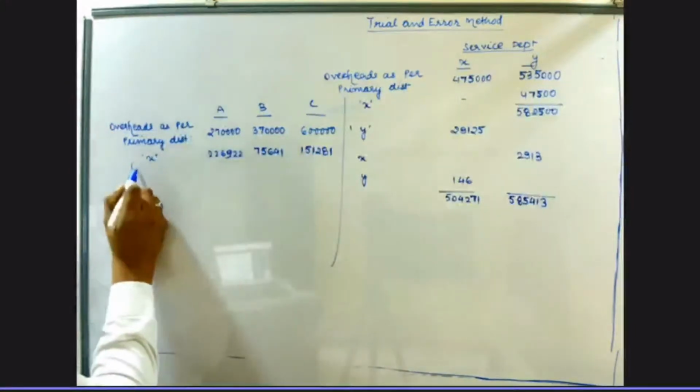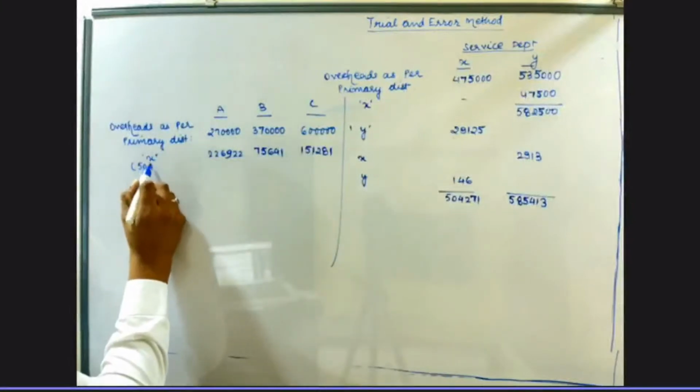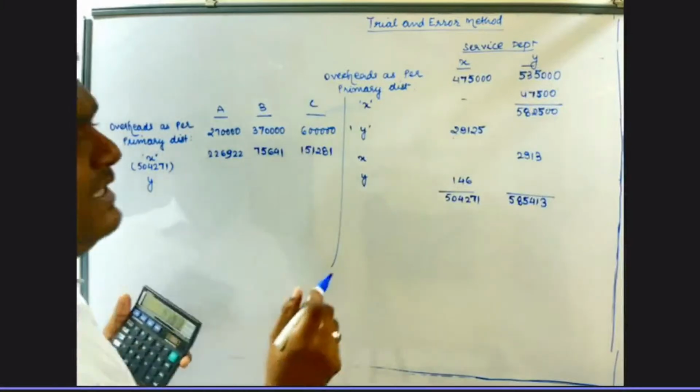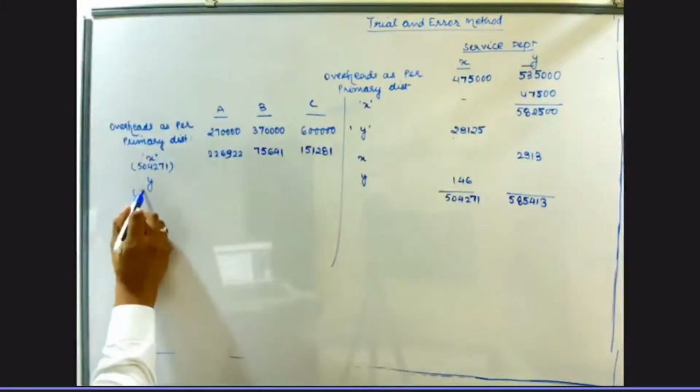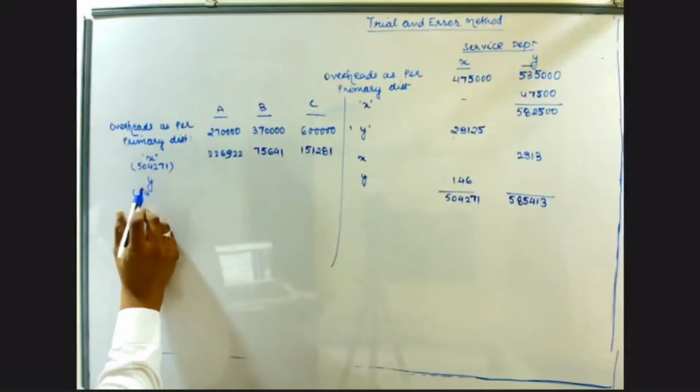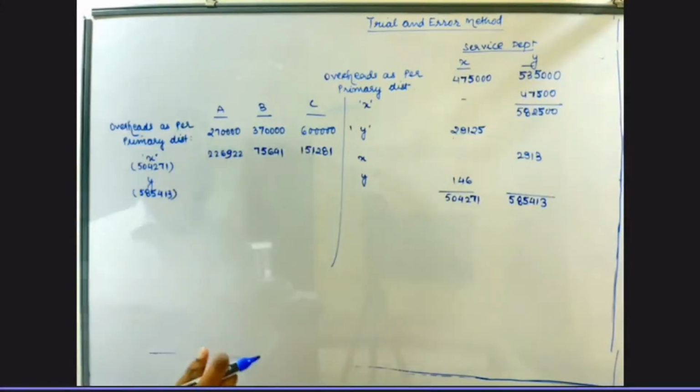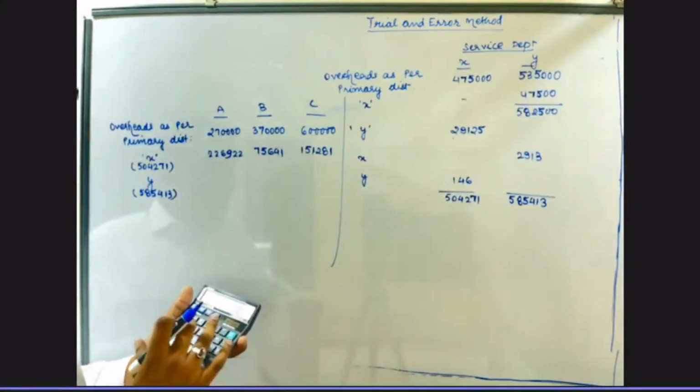That is, I have distributed 504,271. And when talking about Y, it is 585,413. It will be distributed only to A and B.